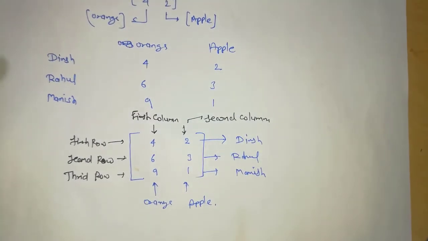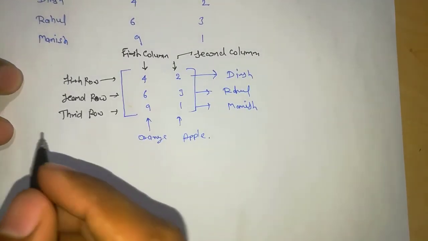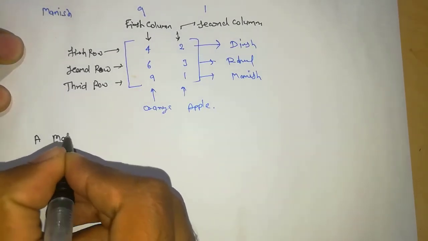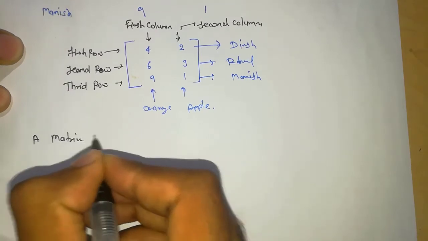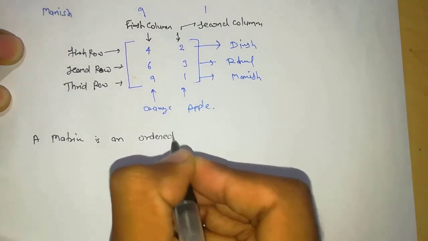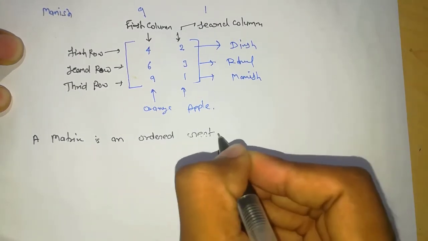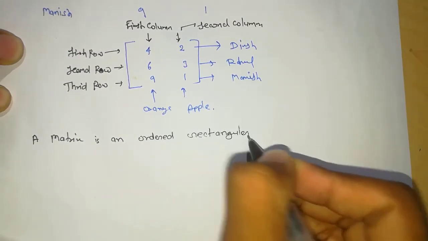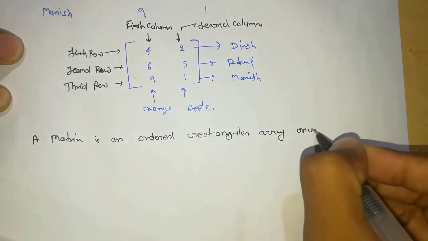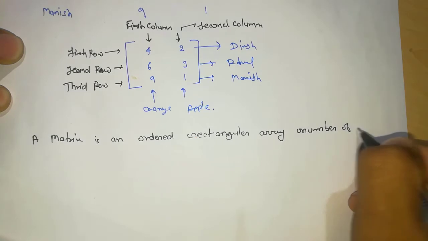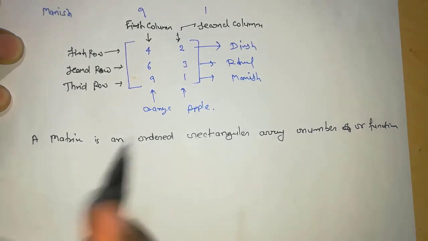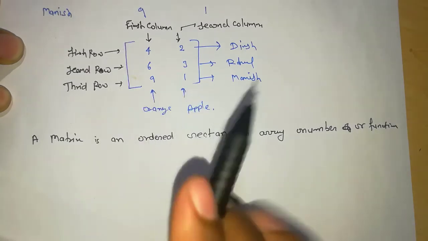Now we see that a matrix is an ordered rectangular array of numbers or functions in the form of columns and rows.